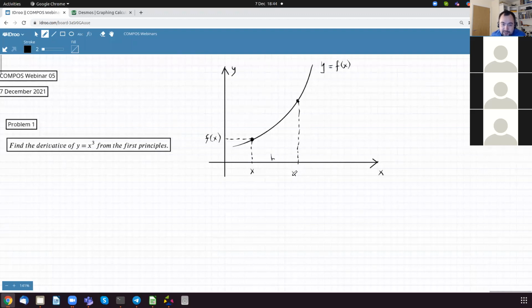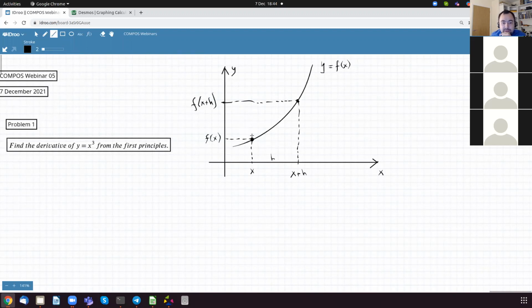And this point is going to be x plus h. So h is the step. Basically, we're interested in how far up we go if we make a step to the right. And you know that this is called the gradient of the function. And here, similarly, we're going to have f of x plus h.